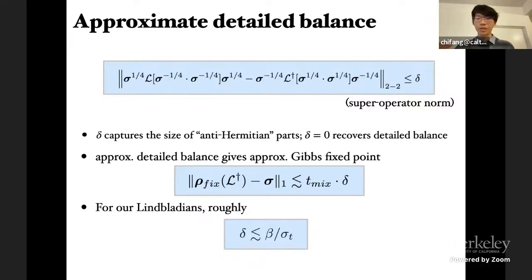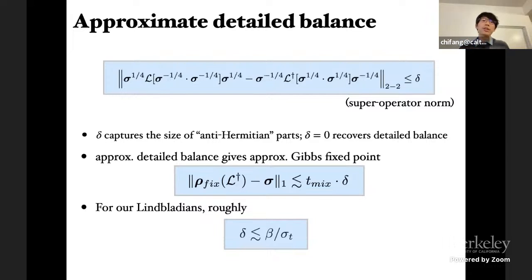It has to deal with some norm of superoperators. But morally, what's happening here is you just want to get a sense of how non-Hermitian this is. And indeed, if you make delta 0, this recovers detailed balance and self-adjointness of this map with respect to the stationary distribution.